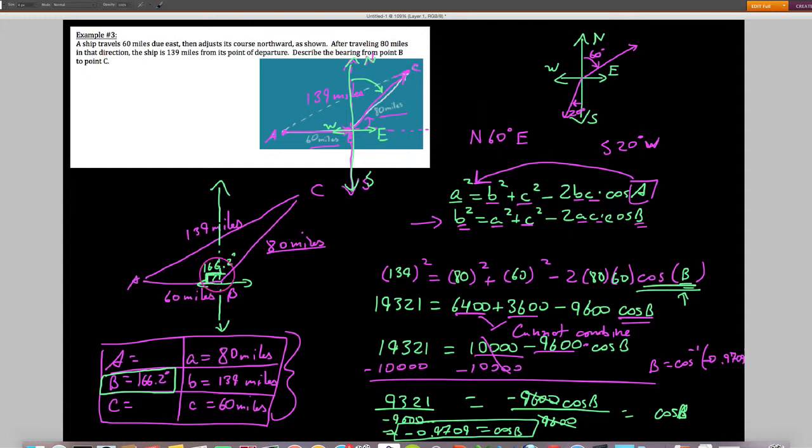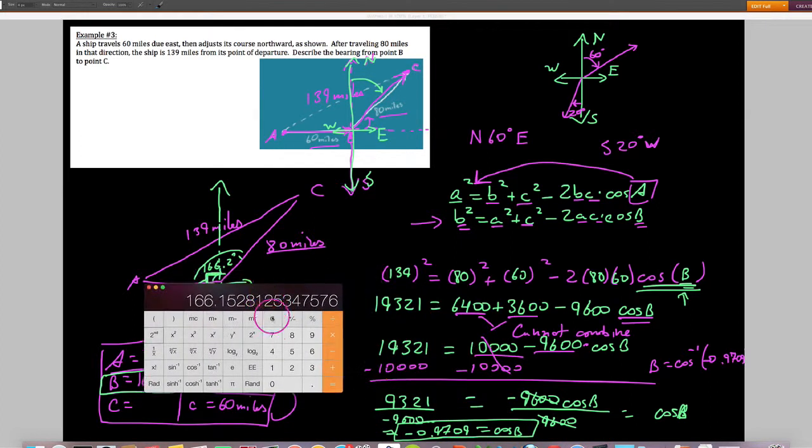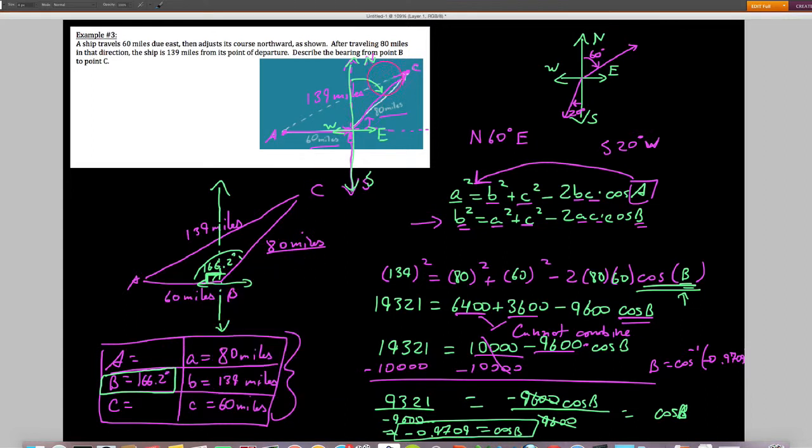And so if that's a right angle right there, but from here all the way over to here is 166.2, what we can do is take that 166.2 and subtract off 90 of those degrees to get rid of this left side over here, and it leaves behind this part right here, which is 76.2. So to answer our original question, this is a 76.2 degree angle right here, from here over to here.